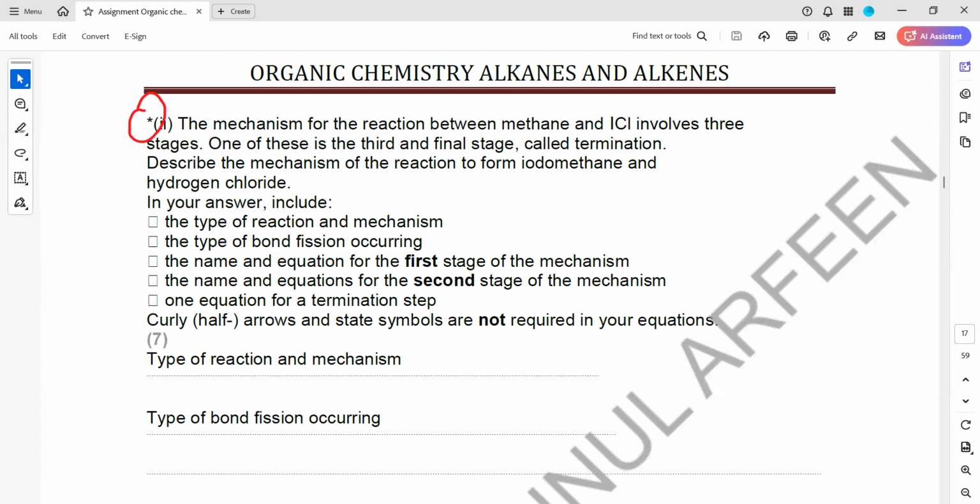Then we have to say that the type here is free radical and the mechanism is substitution. So the type of reaction is free radical substitution.